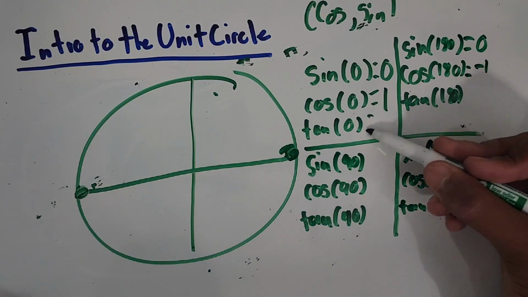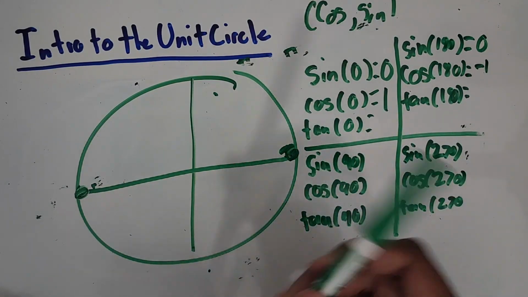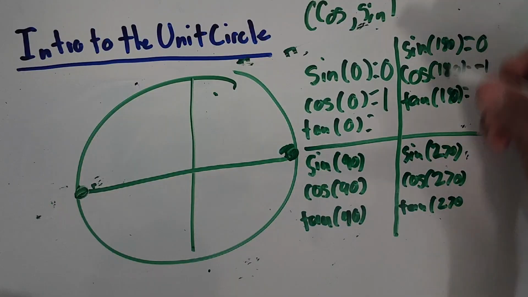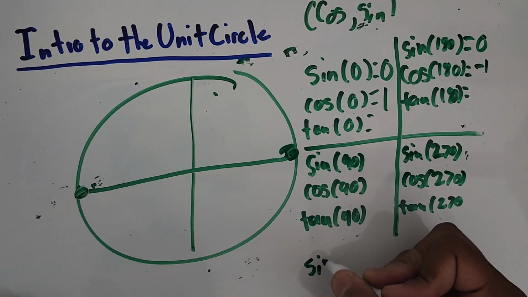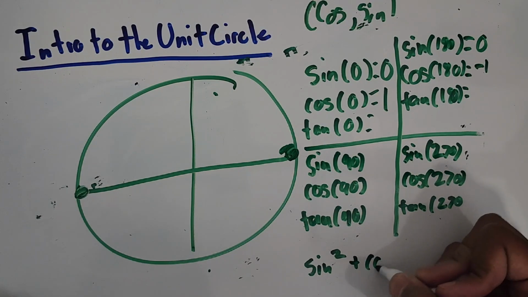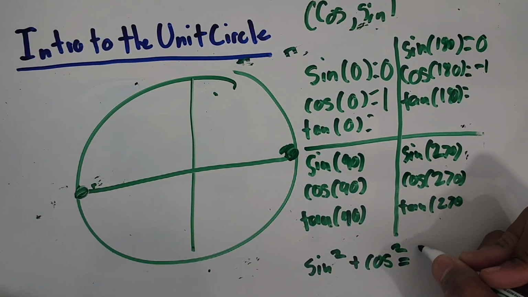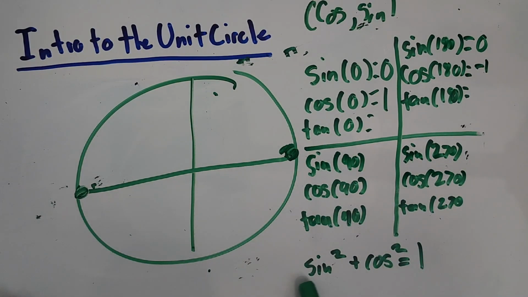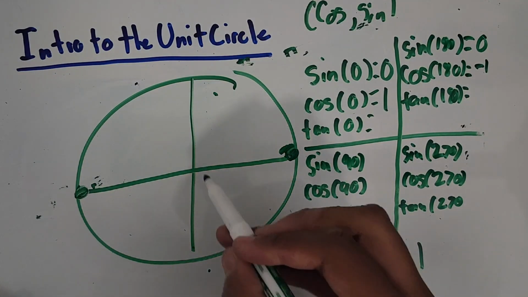Now, tangent, remember, tangent is just the slope of our line. Fun fact, this is actually where we get this trig identity, sine squared plus cosine squared equals 1, because that is just the Pythagorean theorem, and that is our slope. So tangent is always the slope of our line.